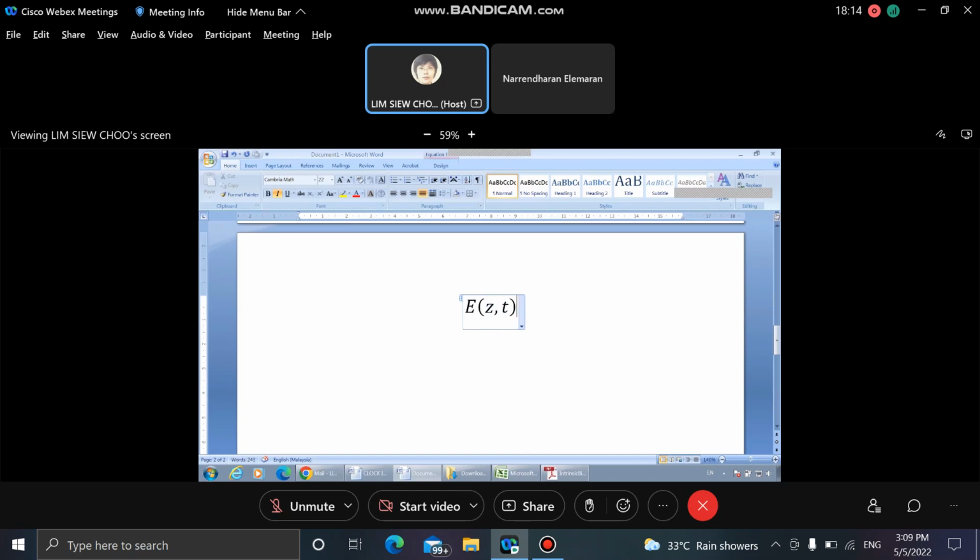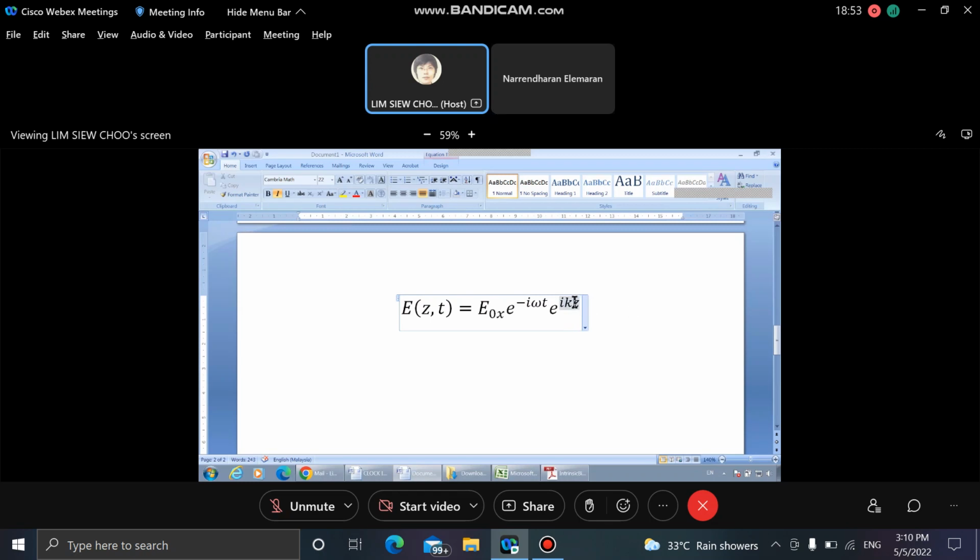So it is something that has the space part and the exponent minus i omega t. And for the z part, if the wave is traveling, you must have the exponent i k z, because z is the direction of propagation.